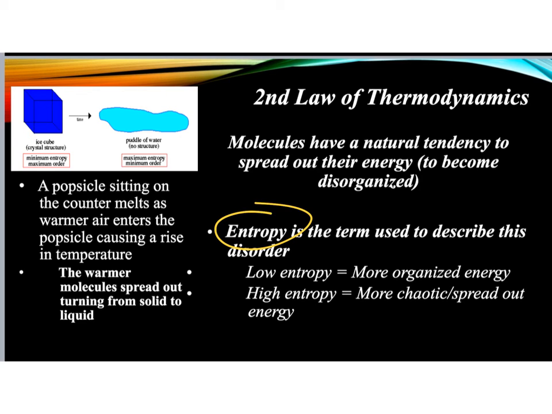I have to cool that ice cube down. That means I've got to cool the desk down. I've got to cool the room down. The room has to be the same temperature as the ice cube or colder in order for it to stay the same cube. Without that extra energy, it leads to disorder, meaning the molecules are all spread apart. There's not a lot of organization. Okay.